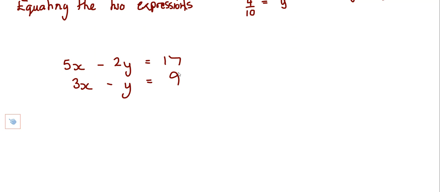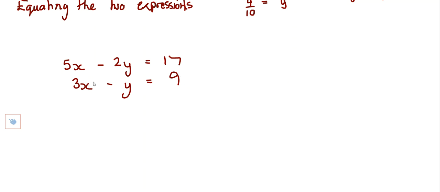Which method would you choose to use here? I wouldn't. You could, but I wouldn't. Which one would I use? I think here I would go for the elimination, and I'd multiply this one by 2. Now I could, however, use any method I like.